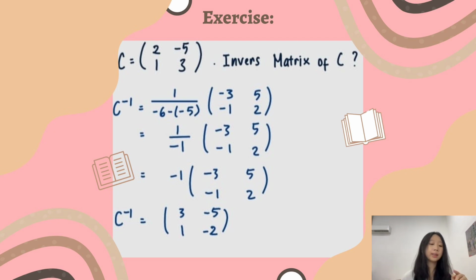So -6 plus 5. Then for the matrix, we have to switch the A and the D positions. For B and C, we have to negate them. So the -5, we negate it and it becomes 5.